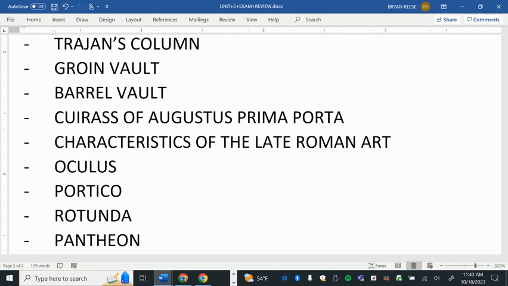The rotunda is the cylinder section of that temple. And I forget what the actual question was of that, but I know that you need to know the parts of the Pantheon.